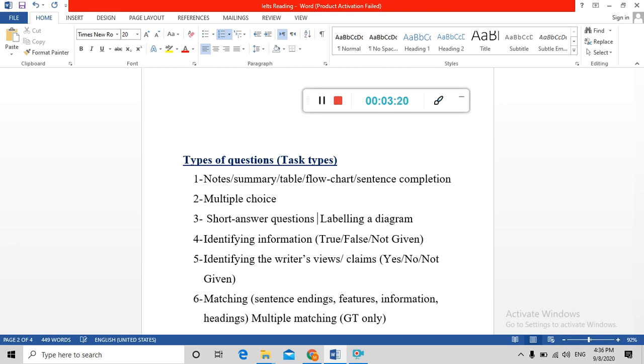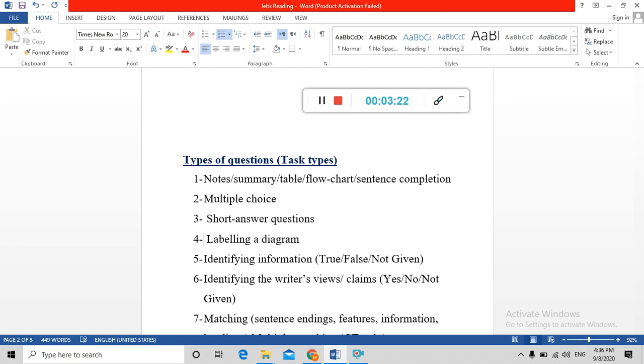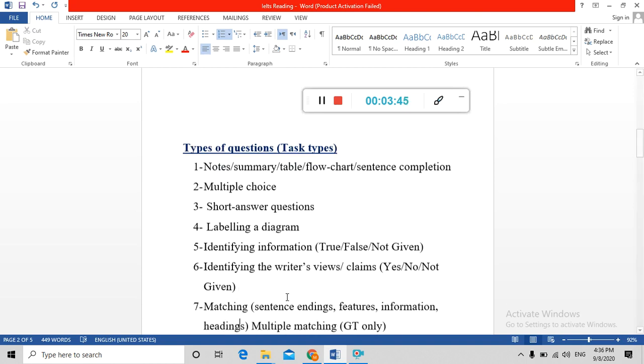Also, we can add identifying information, true, false, not given, and identifying the writer's views or claims, yes, no, not given, and this is considered one of the most difficult types of questions.